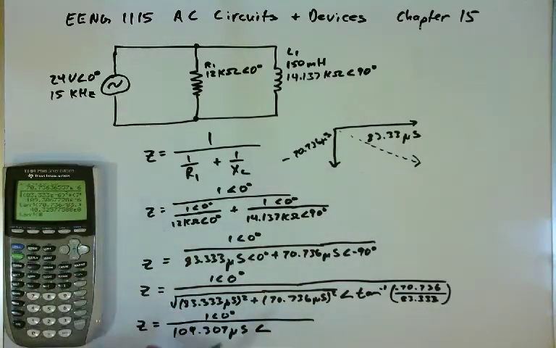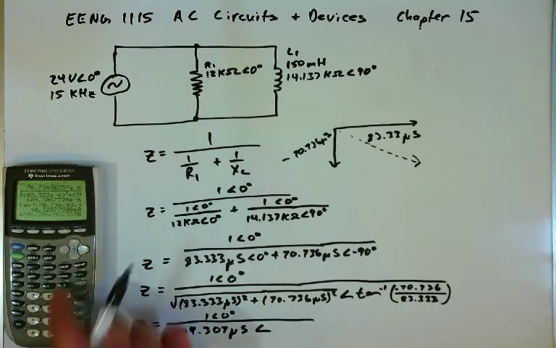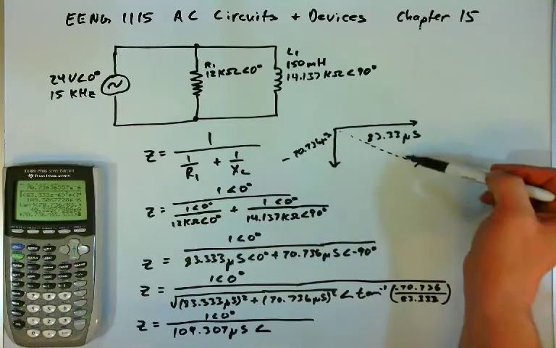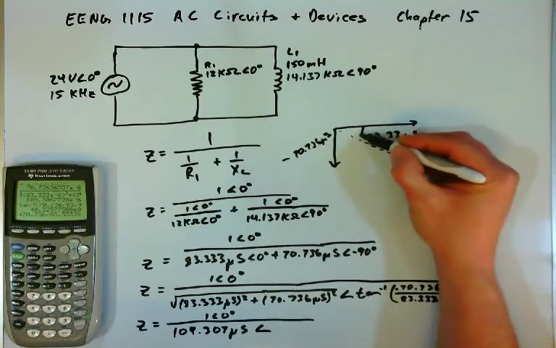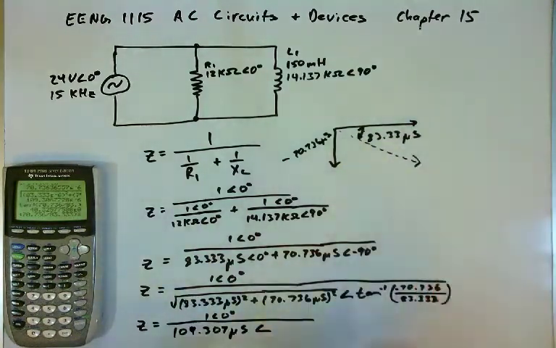The inverse tangent of negative 70.736 divided by 83.333. That's why it's so important to think about the vectors and their graphical representation. 40 degrees is clearly not the right answer. The impedance should be at a negative angle. So I know I had the wrong answer because I can see from the graphical representation. And so the angle is actually negative 40.326 degrees.